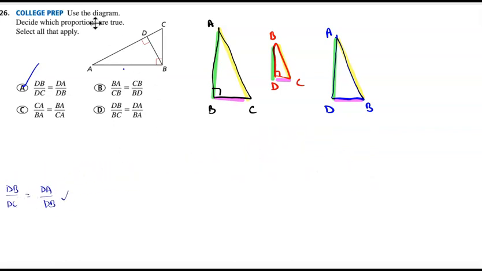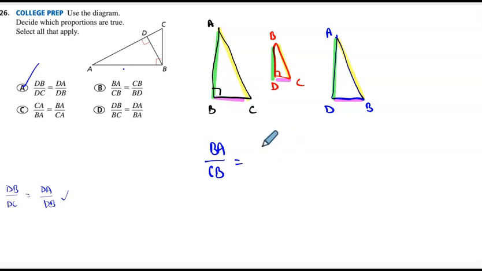Okay, so the next one for B, they're doing BA over CB. Okay, so BA is my green here. CB is my pink. So as long as it's green to pink, longer leg to shorter leg, I'm okay. CB. So now they're using this side. So they're using the same side.